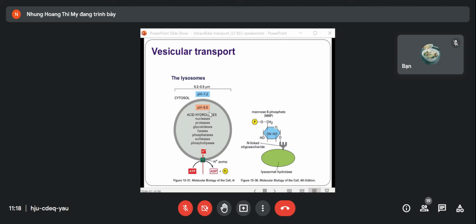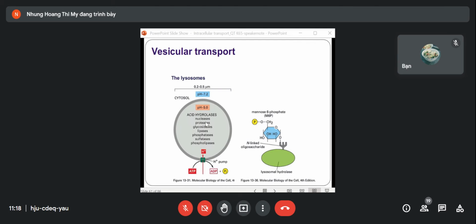about pH 5. And to maintain this acidic environment, on the membrane of the lysosome, they need to express many H pumps, proton pumps, to pump the proton from the cytosol into the lysosome, and this pumping also needs energy from ATP hydrolysis.